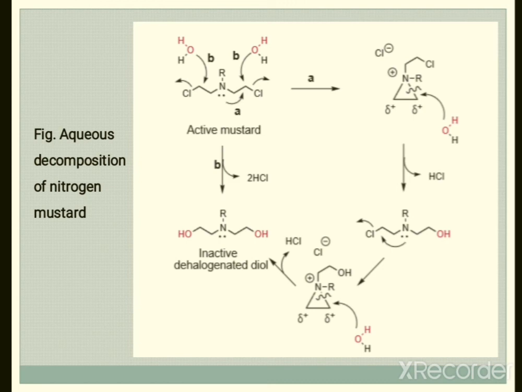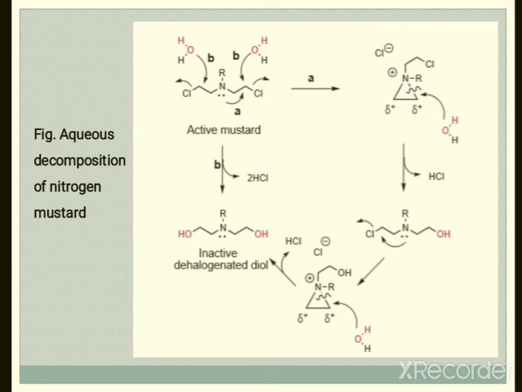Further, in pathway A, the nitrogen mustard pathway, the chlorine is removed and the aziridinium ion forms. You can see the aziridinium ion structure. It again comes in contact with a water molecule, the aziridinium ion breaks, and HCl is removed, giving the monohydroxy active mustard, the mono halogenated molecule.